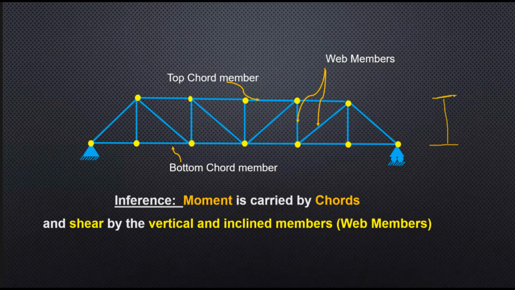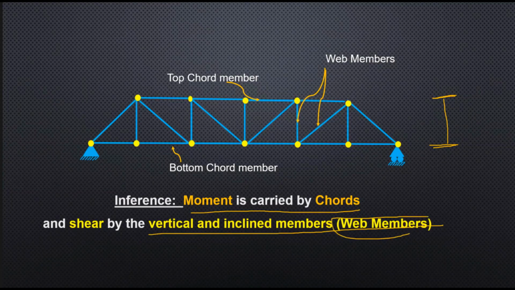So my chords are like the flanges, and my inclined and vertical members are like the web. What I'm saying is a very interesting observation. The moment is carried by the chords, and shear by the vertical and inclined members, or simply it is easy for me to call them web members.